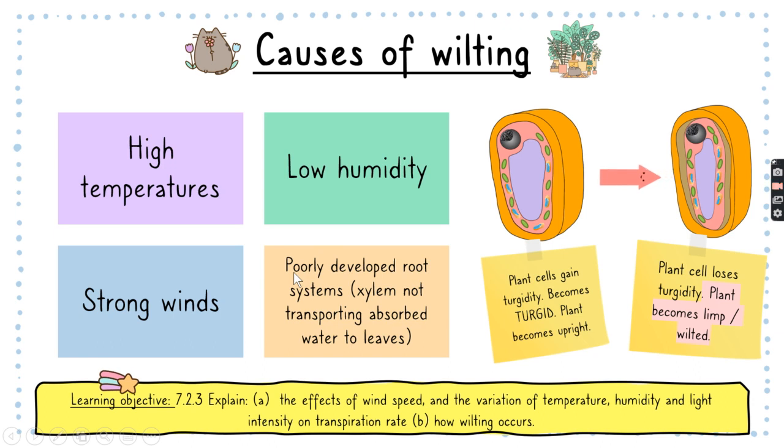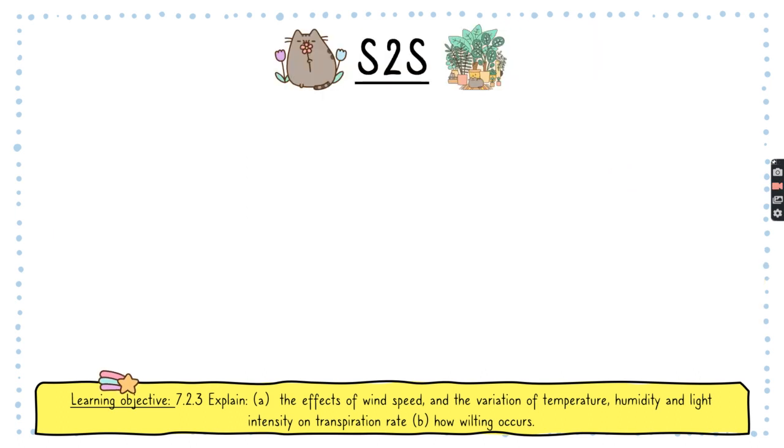And what causes water not being absorbed fast enough is poorly developed root systems. For example, xylem is not transporting the absorbed water to the leaves fast enough, and this usually occurs when plants are still young. That means the xylem vessels and the transport system are not fully developed.